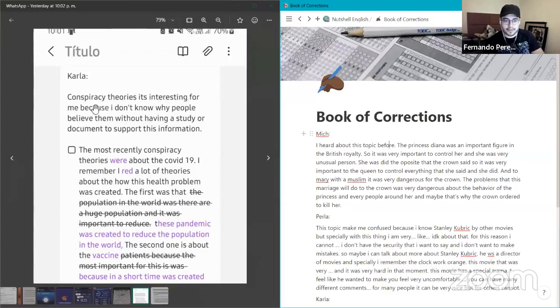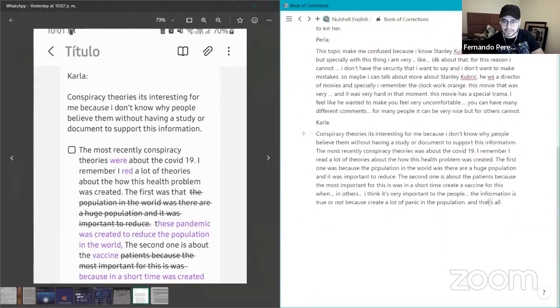It's interesting for me because I don't know why people believe them without having a study or document. Substituting the word without, you are going to obtain... how can you replace this?